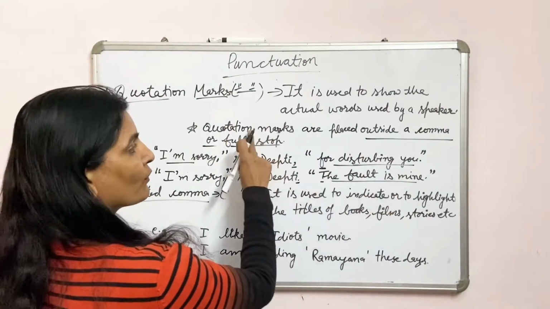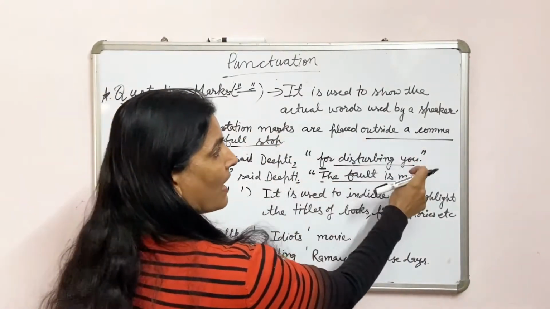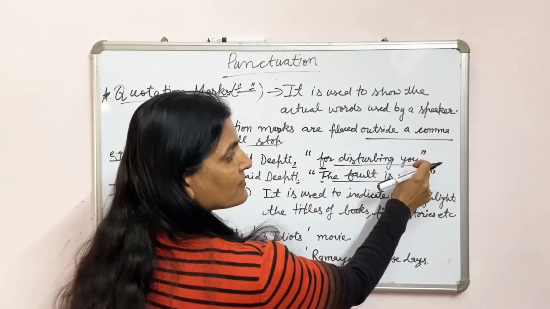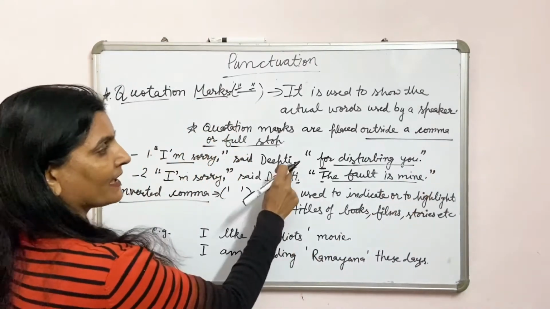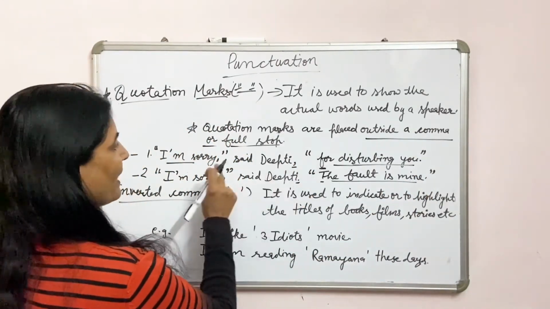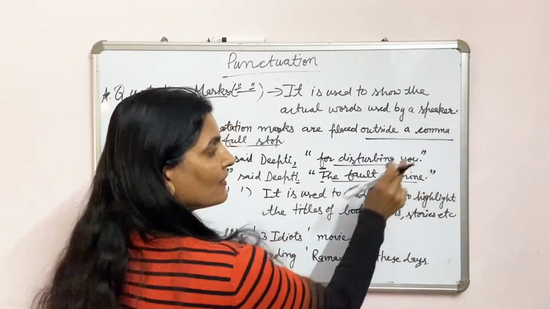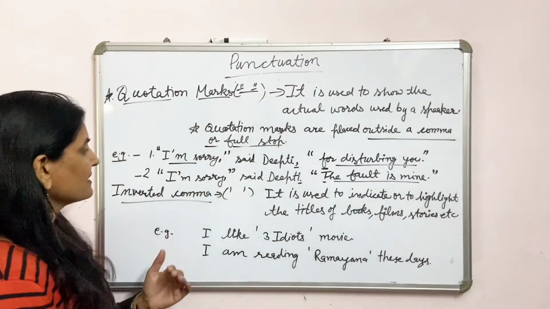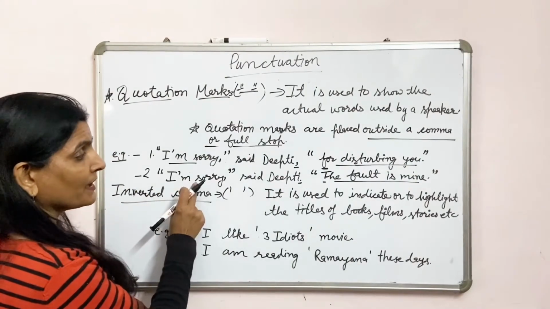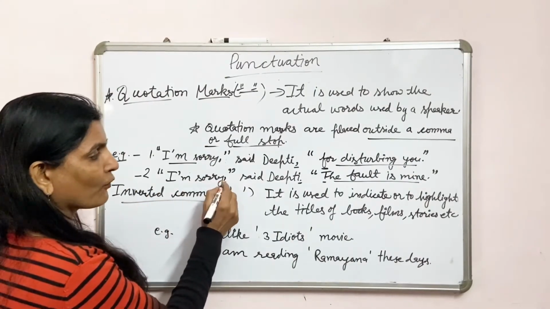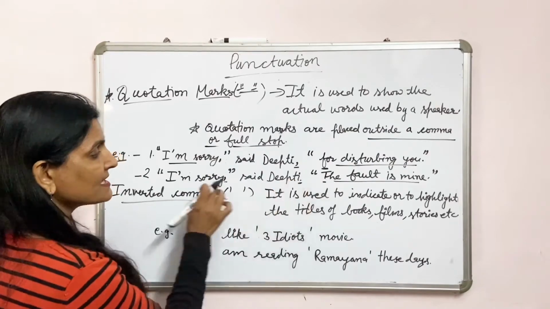As I told you, quotation marks are placed outside the full stop or comma. Here outside the comma, here also outside the comma, and here outside the full stop. Okay, let us see the second sentence. "I am sorry," then comma, said Dipti. This is one sentence.